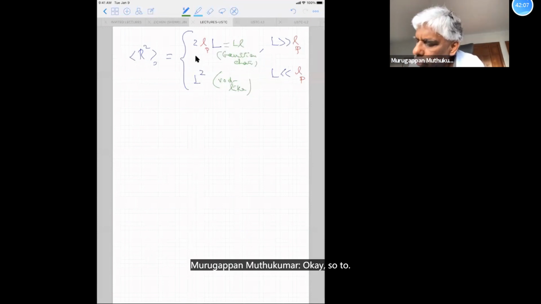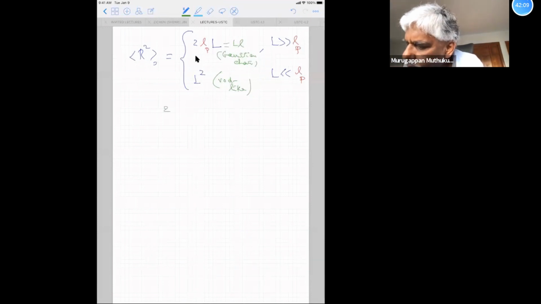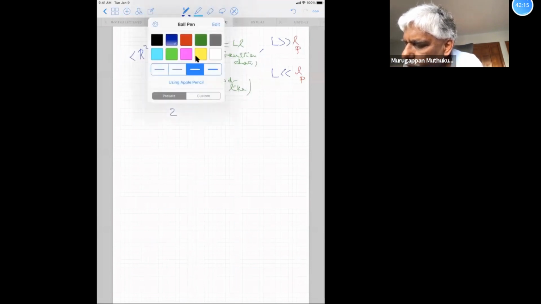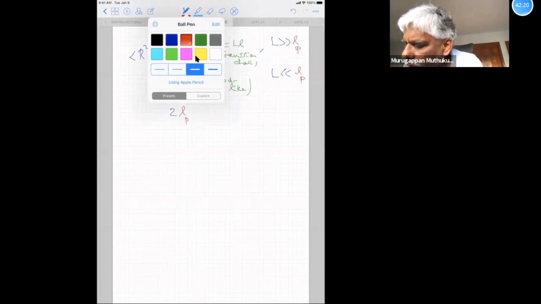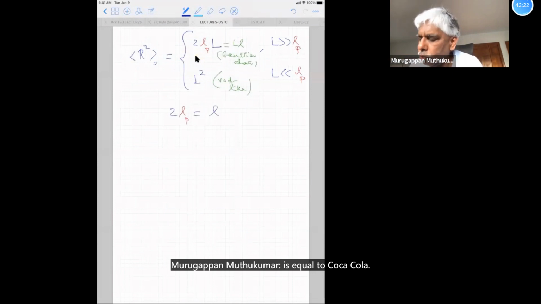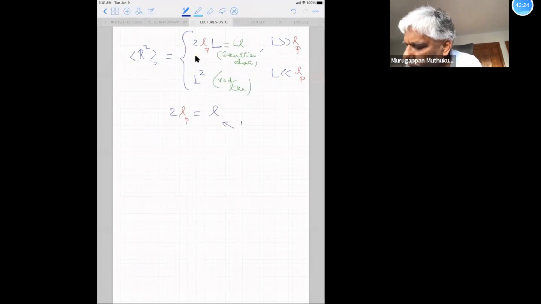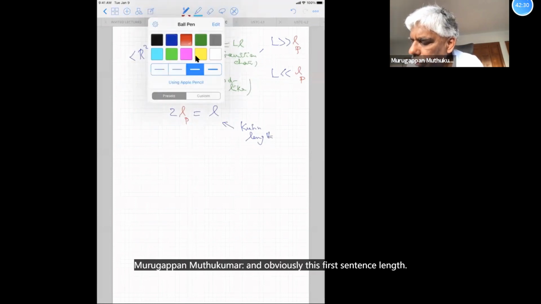So 2 LP is equal to the Kuhn length, and obviously this is the persistence length.